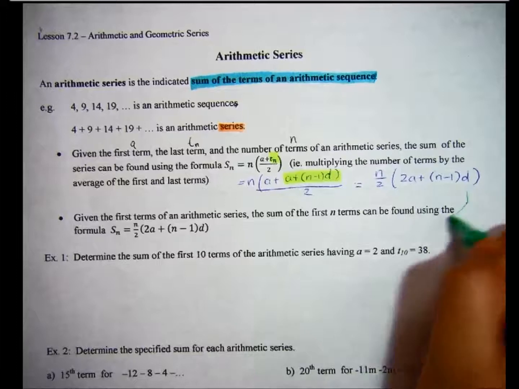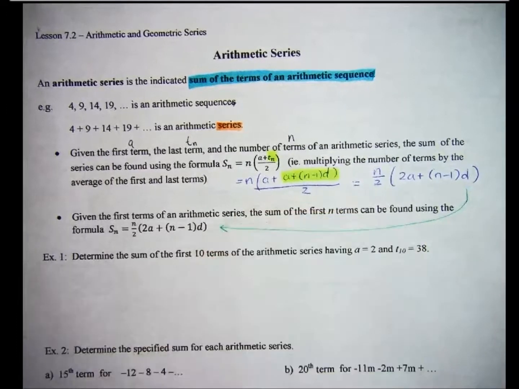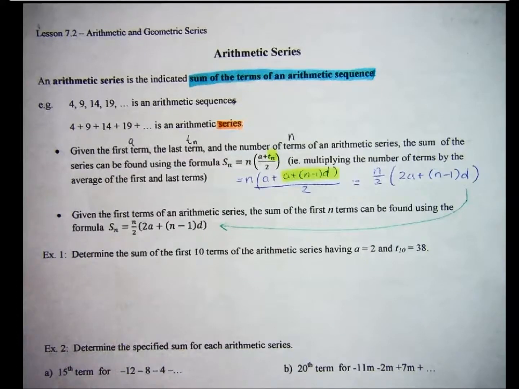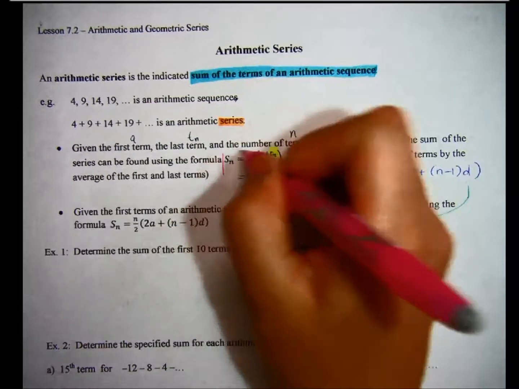So given the first terms of the arithmetic series, the sum of the first n terms can be found using this formula. If you don't know what the last term is, but you know what the common difference is, then you should use this form. Okay, I'm going to box these formulas.